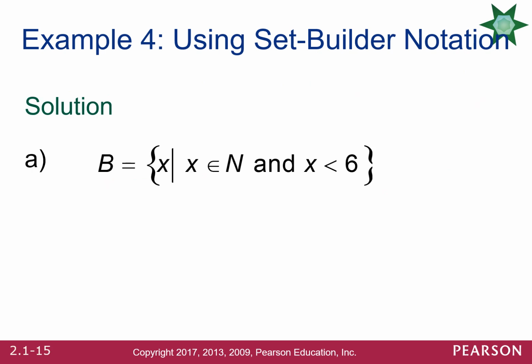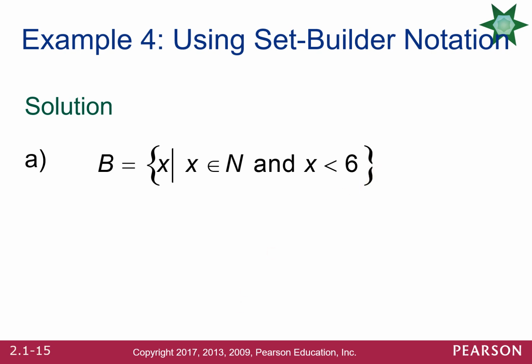So here is how the book has given the solution for that problem. Here it's B equals, and then you have to use the braces, so open brace, and then x such that x is a member of N, or x belongs to N, meaning the set of natural numbers, and x less than 6.